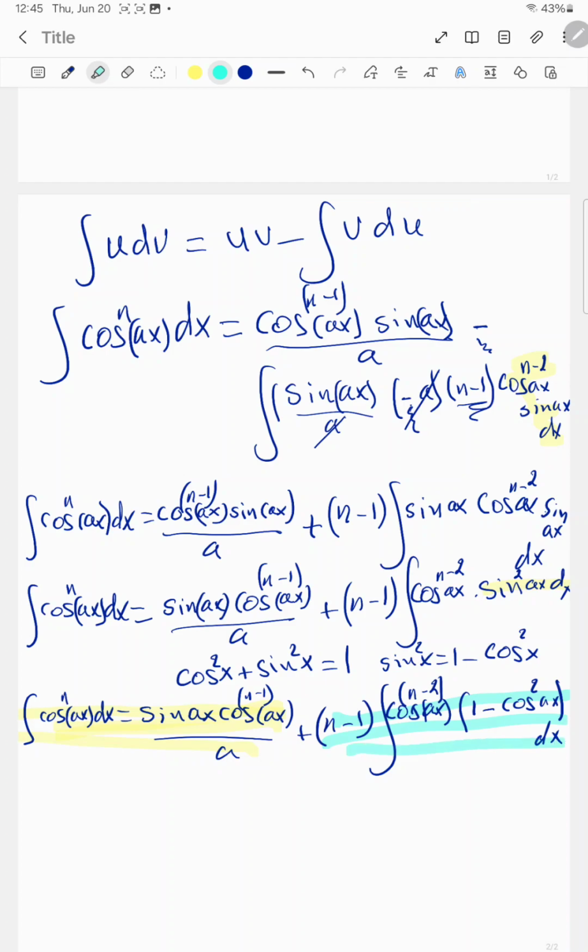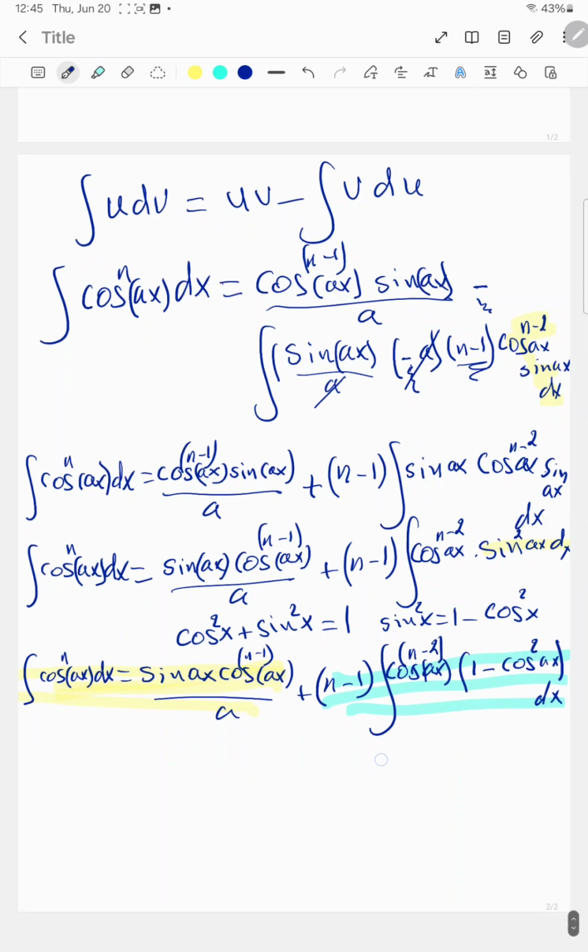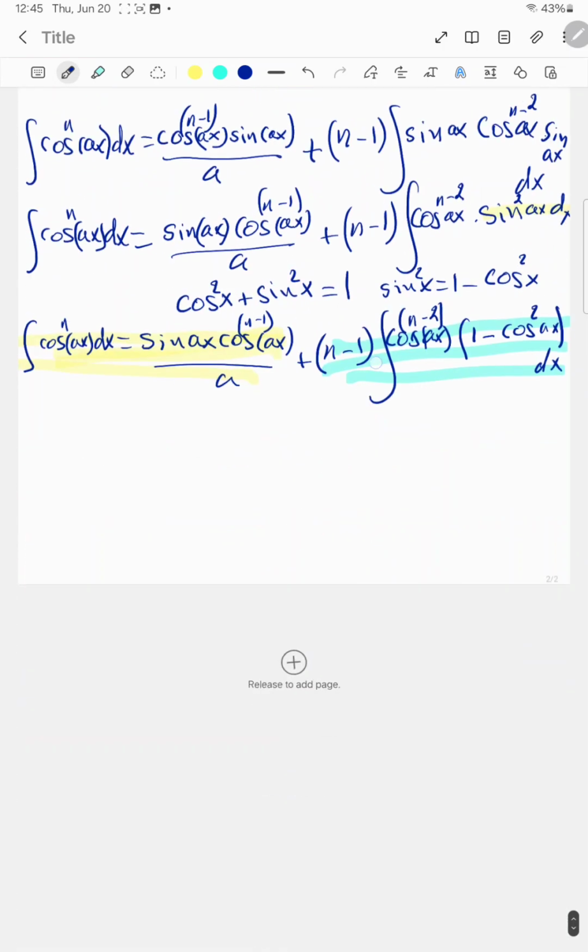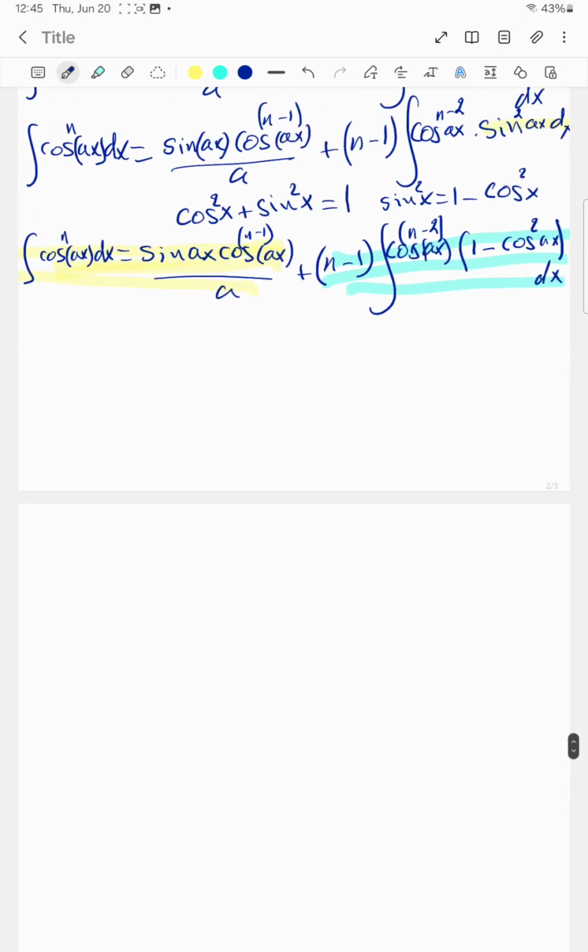So I will copy this because I don't have a lot of space, and I will add whatever I highlighted in yellow at the end of my answer. So if I take what I highlighted in blue, I can multiply cosine ax to the power n minus 2 by 1, and then minus cosine n minus 2 by cosine square of ax.